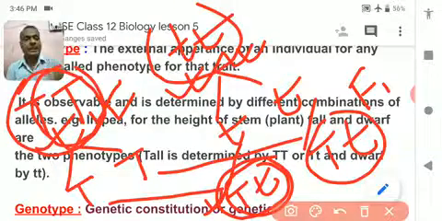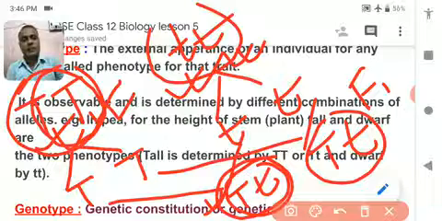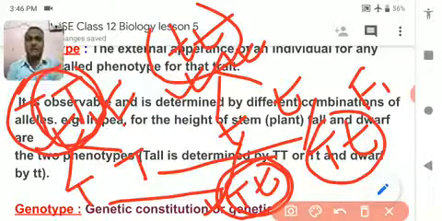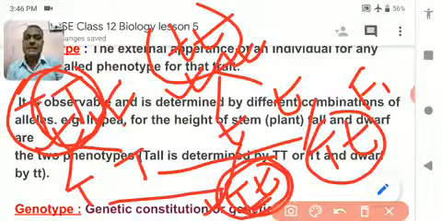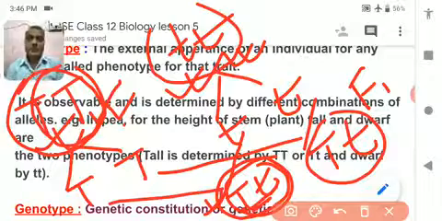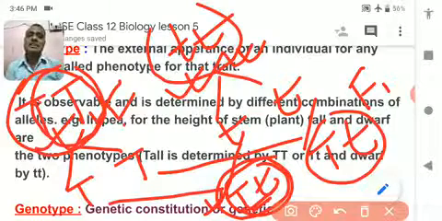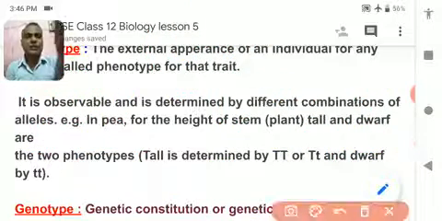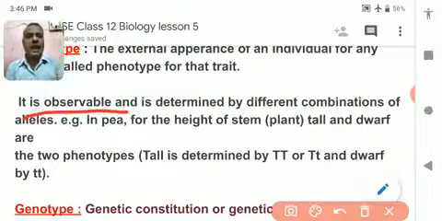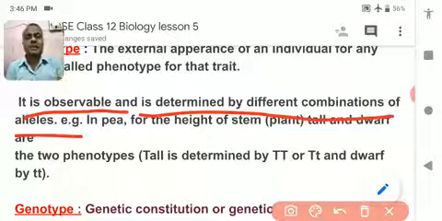Here the allele of the parent is capital T, homozygous allele, but both of them have the same tallness, although their genetical makeup is different. So it is observable and determined by different combinations of allele.